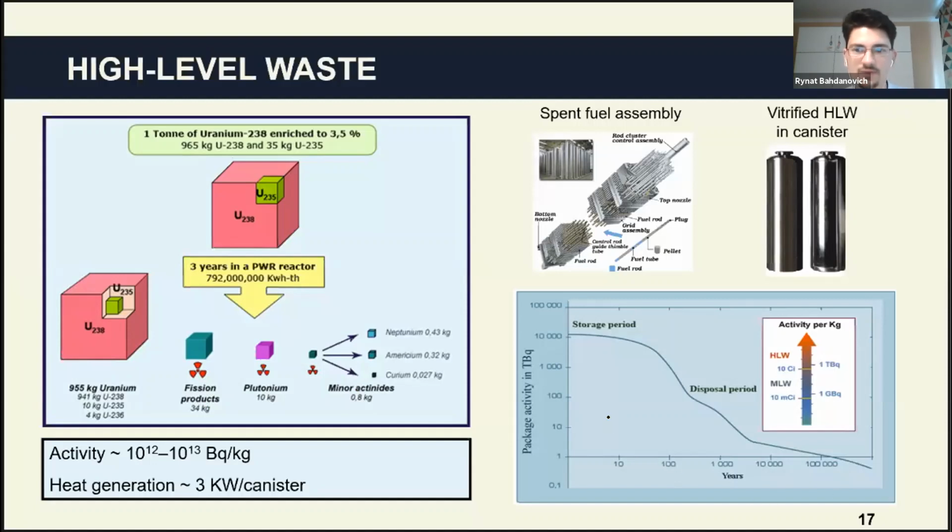Activity of spent fuel is around 10 to the 13th power becquerel per kilogram, which means that every second 10 to the 13th power ionizing particles are emitted from it. And it is very high, and it is dangerous for living organisms.